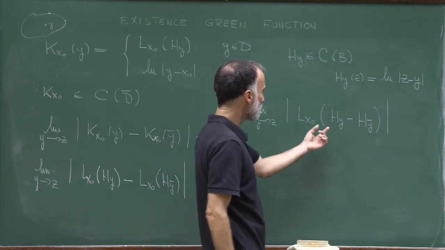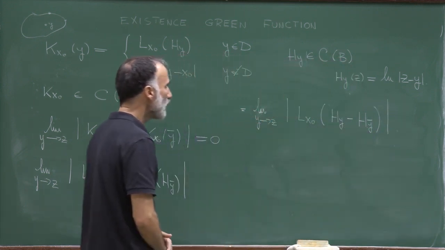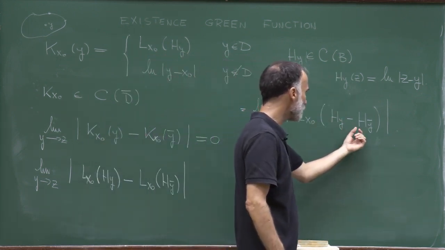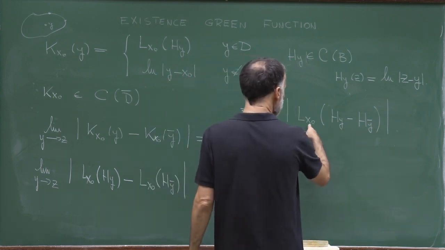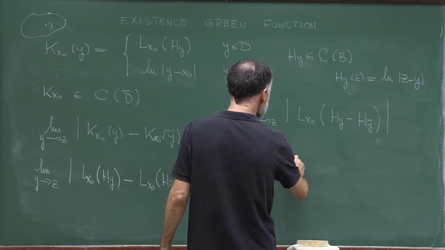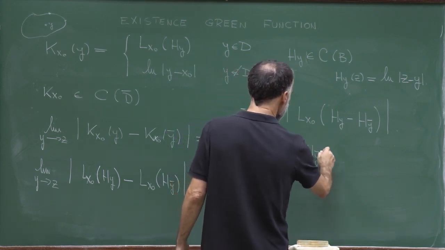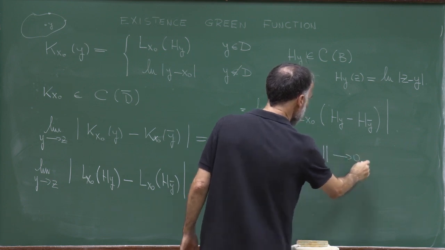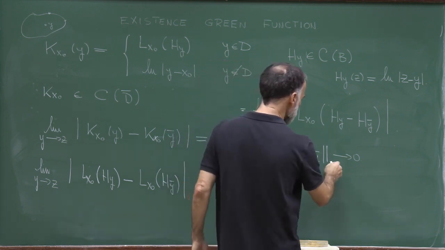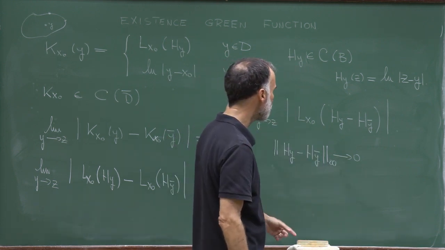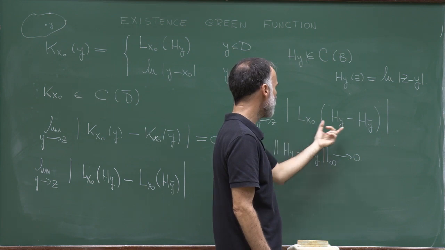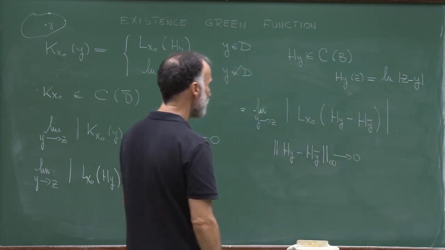So these two functions, h_y and h_y bar, are functions defined on the boundary which are continuous. And again, if I want to prove that this converges to 0, I can use the continuity of l_x0 to show that it's enough to prove that h_y minus h_y bar converges to 0. Right? If these are continuous functions defined at the boundary, if this difference in the L infinity norm converges to 0, then I can use the boundedness of this operator to show that this absolute value goes to 0.